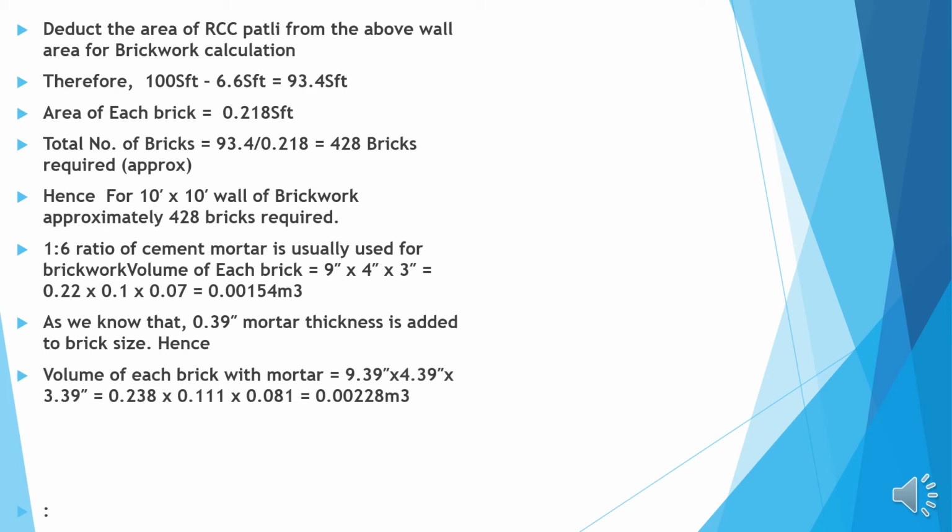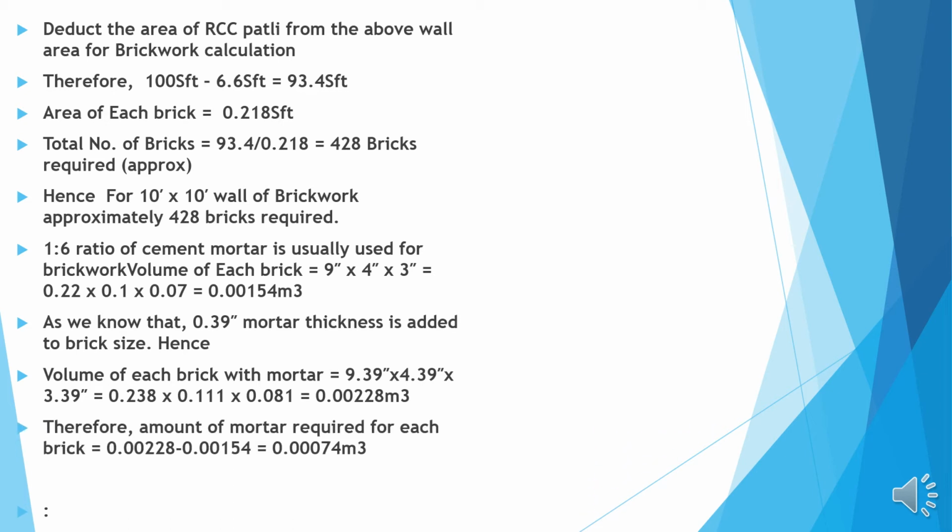Hence, the volume of each brick with the mortar becomes 0.00228 cubic meter. Therefore, the amount of mortar required for each brick is 0.00228 minus 0.00154, which is equal to 0.00074 cubic meter. From the above, the number of bricks required is 428 bricks.